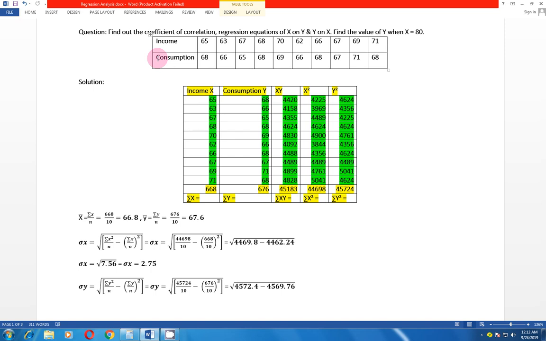One must be an independent variable and another one must be a dependent variable. As you are seeing here, one variable is income and another variable is consumption. In this question, consumption is the dependent variable and income is the independent variable.